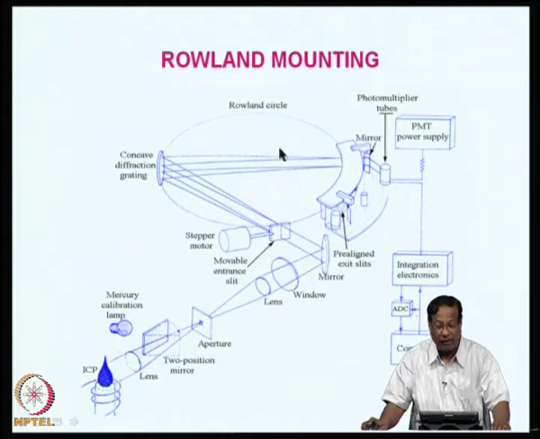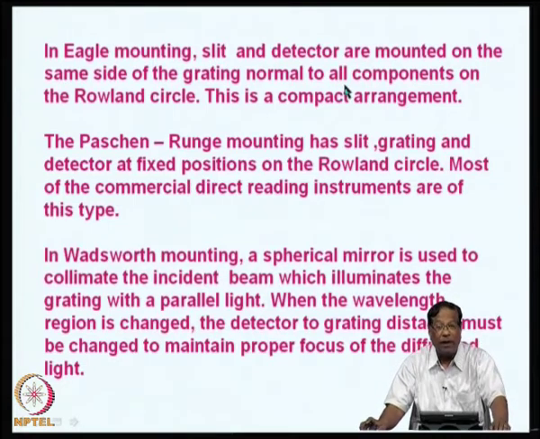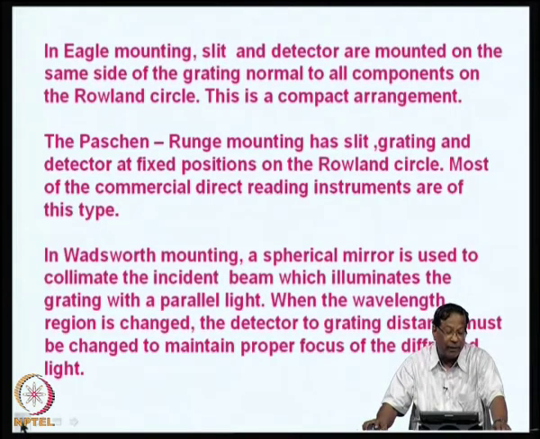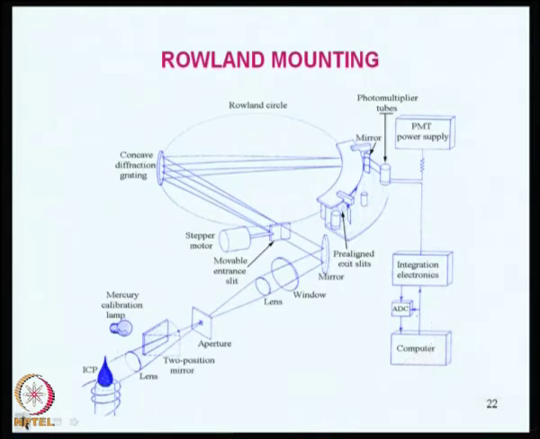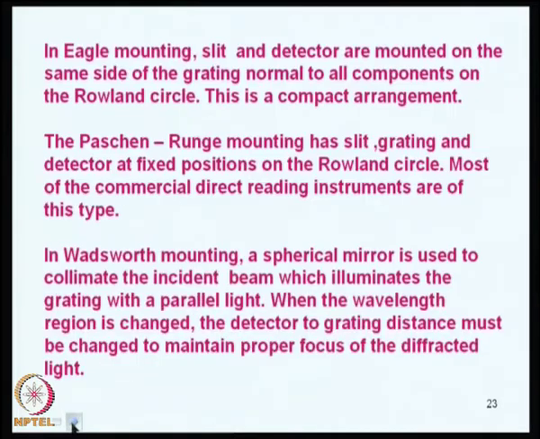So, three movable items can be fixed, and their typical arrangements are described in my previous slide, that is in Abney mounting, grating and detector are fixed and the slit moves only. You have to refer to that figure and imagine that the slit is moving, other things are not moving.